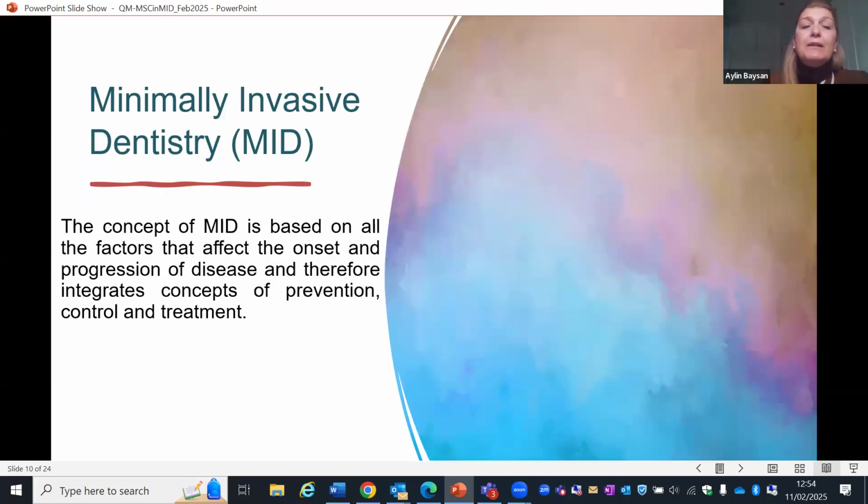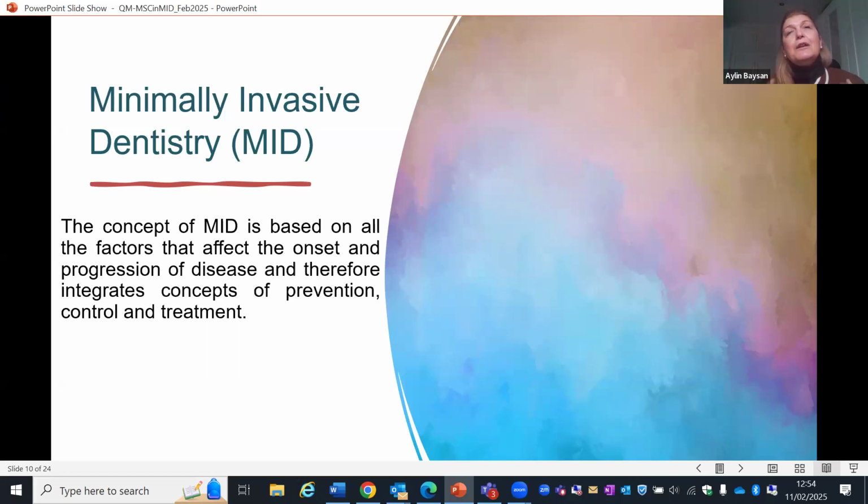So for me, MID is not like seeing the patient and then, yes, I do the best implants, I do the best crowns, or I do a full smile sort of performance or full mouth reconstruction. But at the end of the day, if the patient education is not there, if the onset and progression of disease is not addressed, nothing will work.